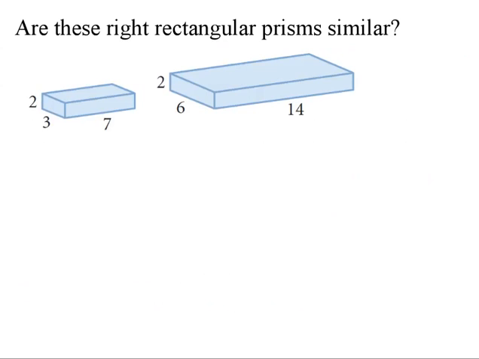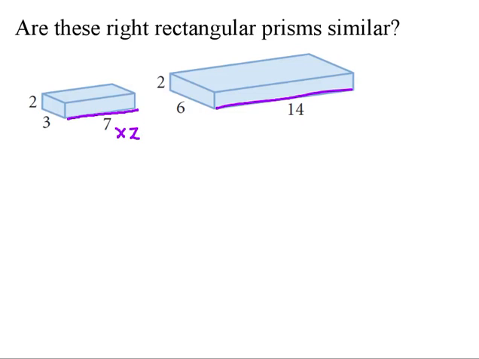It says, are these right rectangular prisms similar? Yes or no? So what do you think in looking at it? No. Why no? Because their proportions are off. First of all, let's compare the 7 and the 14. In order to get to 14, I take it times 2, right?